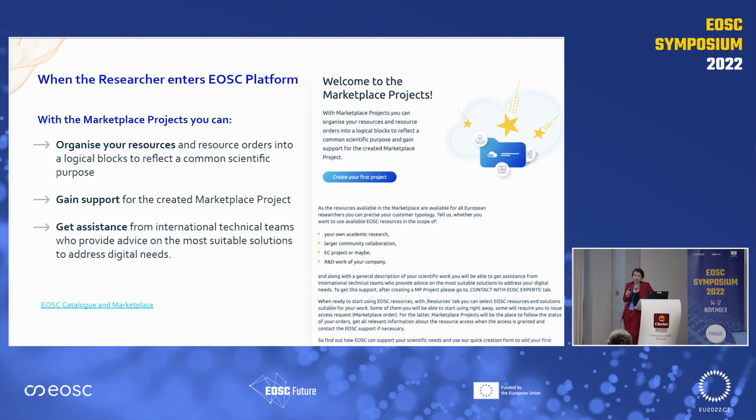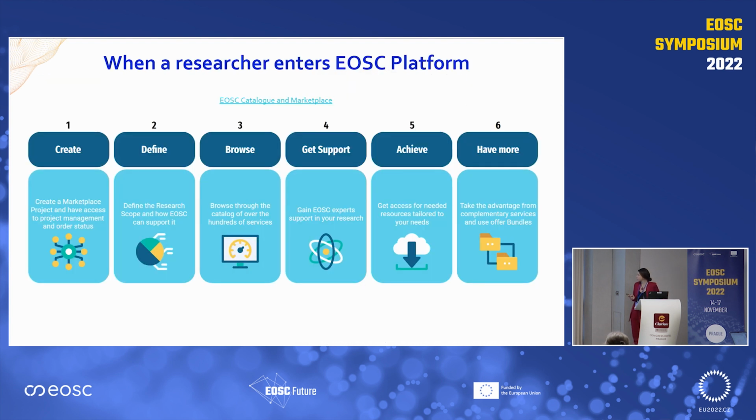From the user's perspective, the order management was tailored with many details, exactly from the perspective of the user. So we want the user to be able to define what is needed in the scope of a single scientific project. There is a place for users to say these things, called marketplace projects.